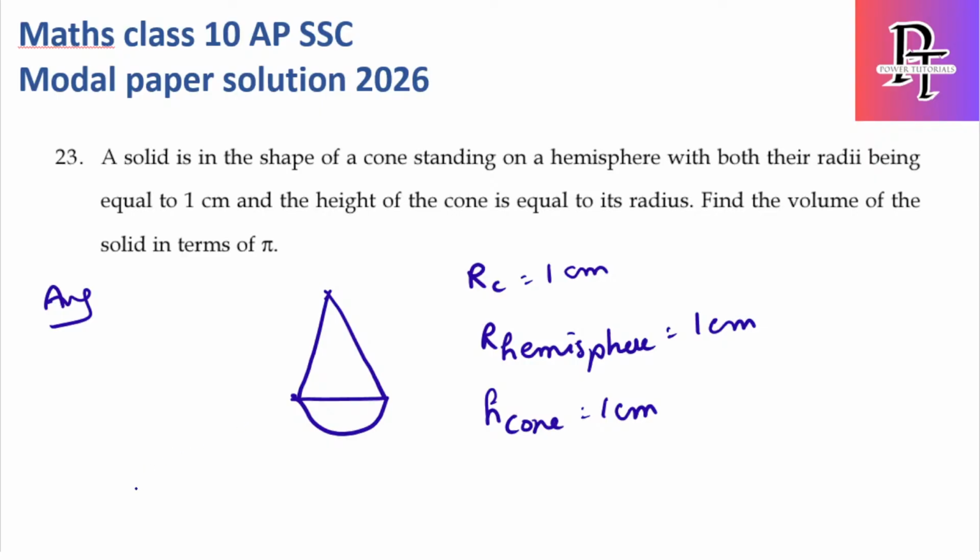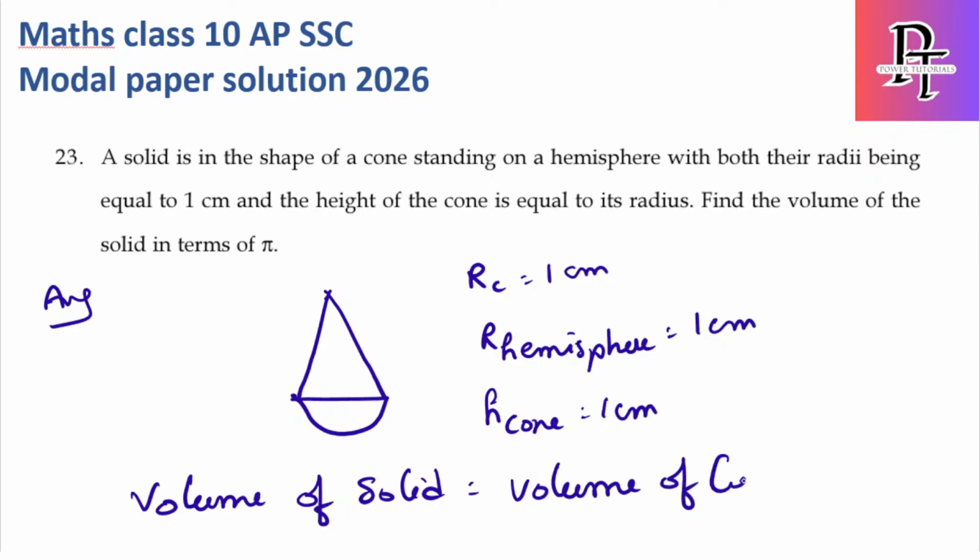Okay, so the volume of the solid is equal to the volume of the cone plus the volume of the hemisphere. So let's write both the formulas.